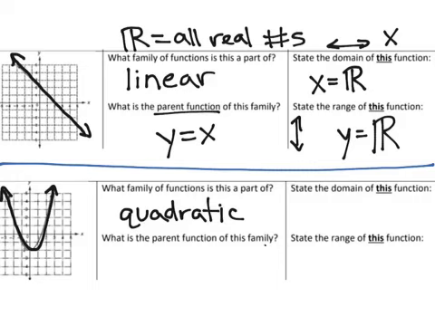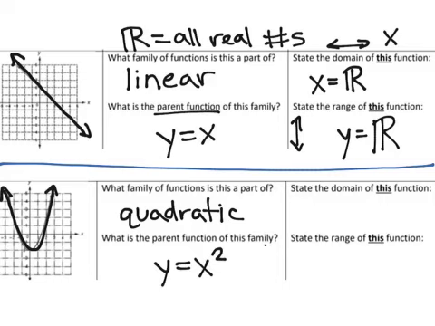So quadratic functions are either shaped like the one in the graph, or they can be upside down. They can also be wide, like this, or skinny like this. Those would all be examples of quadratic functions. And the parent quadratic function, so the parent linear function was y equals x, the parent quadratic function is y equals x squared. So whenever you see x squared, it's probably a quadratic function.